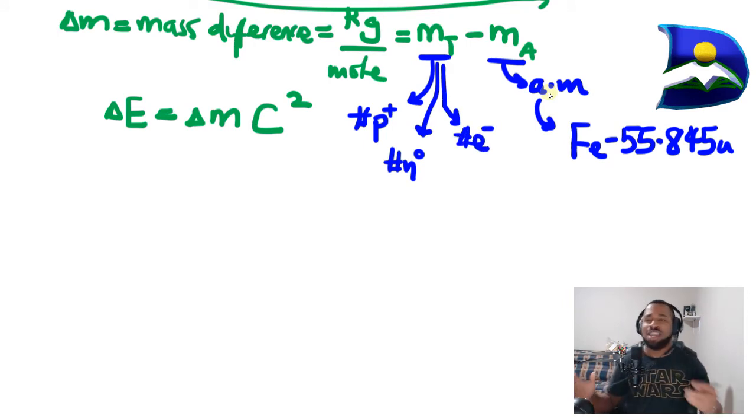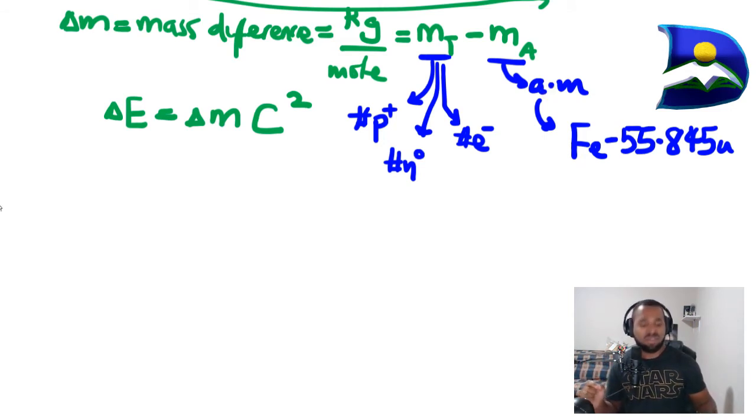I know, of course, the electron is not significant in terms of the mass, but we're going to include electrons into consideration. Some examples will exclude electrons. I'm going to use electrons because we want to get the accurate value, considering even the smallest weight in this particular example.